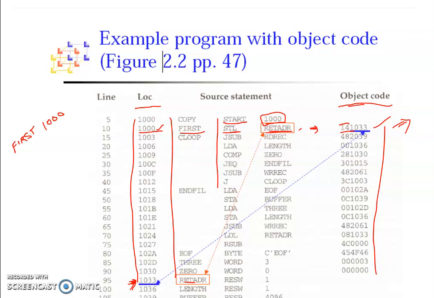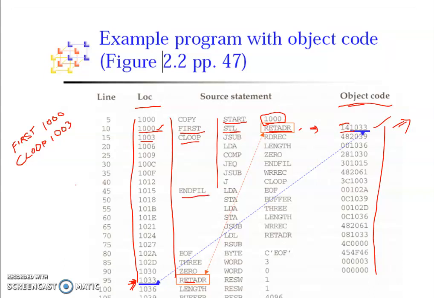The next label is CLOOP, which has 1003. CLOOP is also a label, so it will be having 1003 as an address.